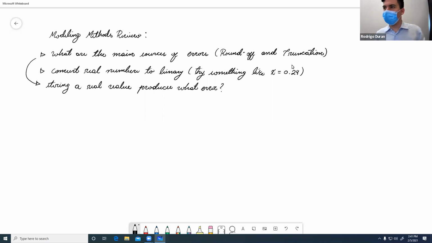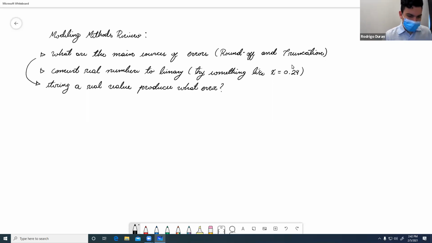If you store a real value, you're going to introduce some round off error because of the finite accuracy of the computer memory, because you cannot store all decimals. When you take a decimal value like 0.24 and convert it to binary, it's infinite. It goes on forever, and you will see that when you start doing examples of decimal to binary conversion. So the computer has to round it and store it with the memory that is available, and that introduces the round off error.